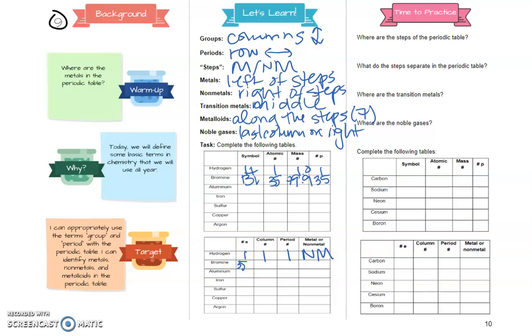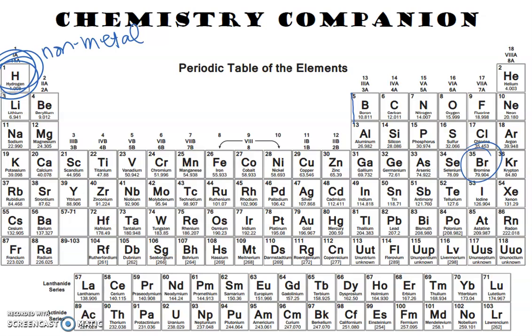Our column number. So if you count over, columns are groups: 1, 2, 3, 4, 5, 6, 7, 8, 9, 10, 11, 12, 13, 14, 15, 16, 17, 18. So notice that's what that 17 means there, so you don't have to count every time. You can also refer to it as number 7, like they use 7A here, but I would accept either 17 or 7 because of those two numbers there.